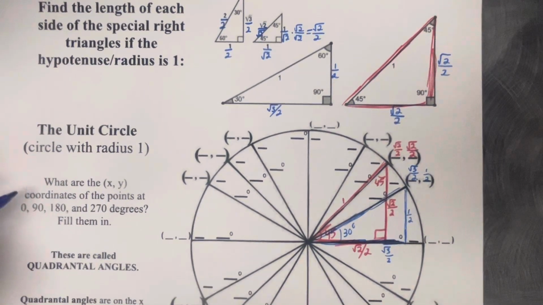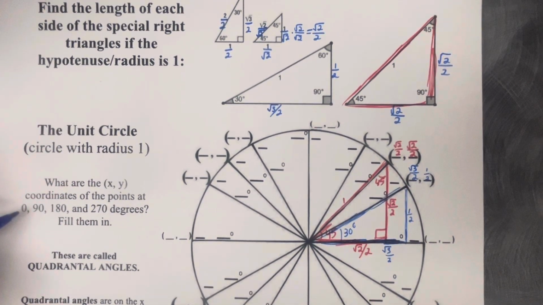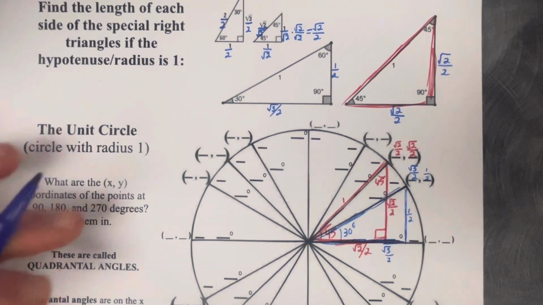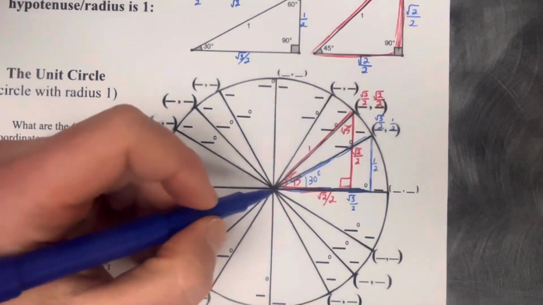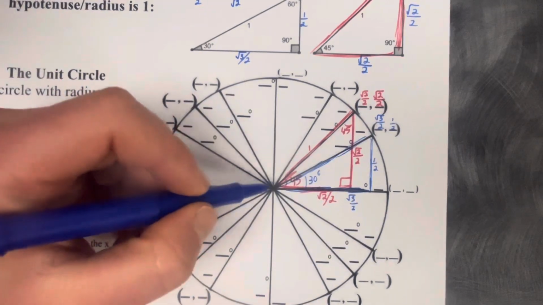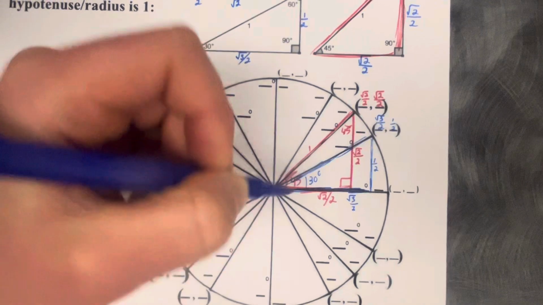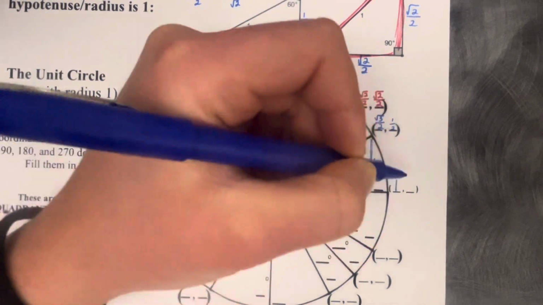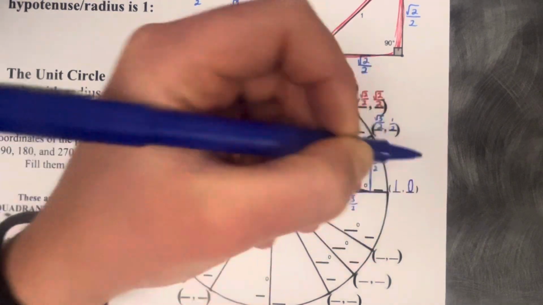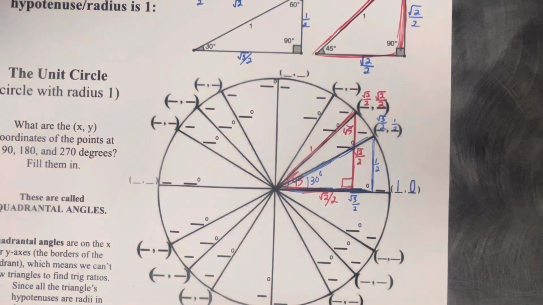Now, what are the xy coordinates of the points at 0, 90, 180, and 270 degrees? Thinking about this as an xy plane, if we go over 1, this whole distance is 1 because the radius is 1, then our x value is 1 here, and our y value is 0 because you're not going up or down.